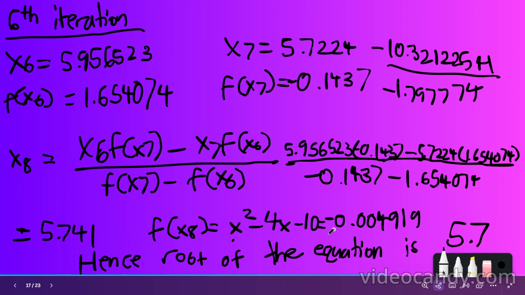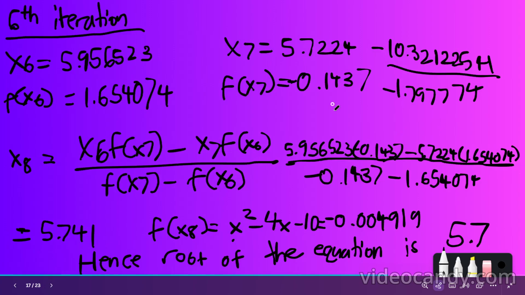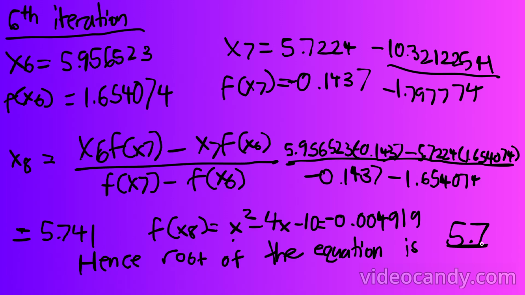So it means in the fifth iteration, this one is 5.7, and the last iteration is 5.7. That's it. The number is again the same, so that's the end of the iteration. That is the final iteration. Yeah. So that's the end of doing the question.